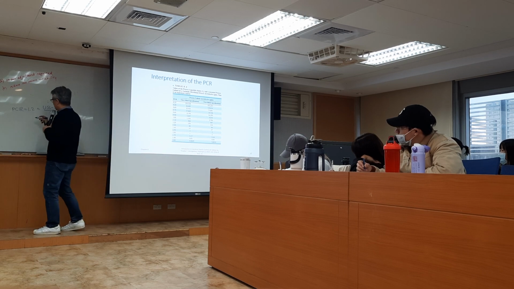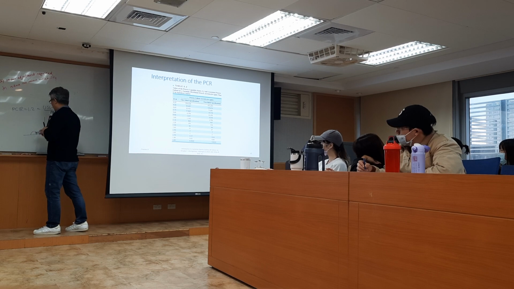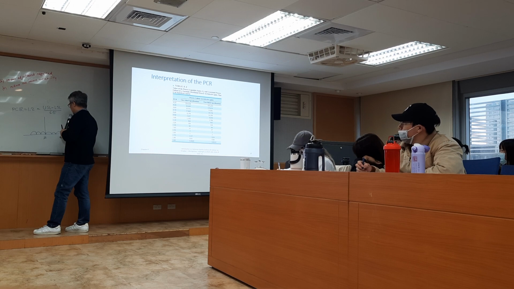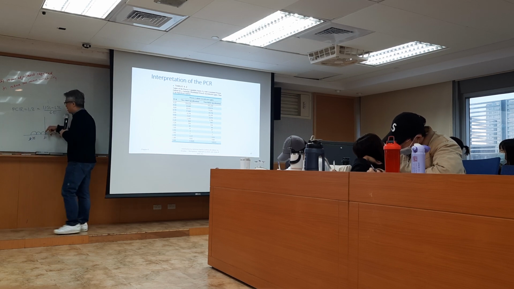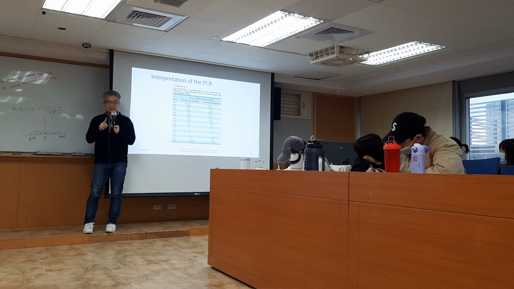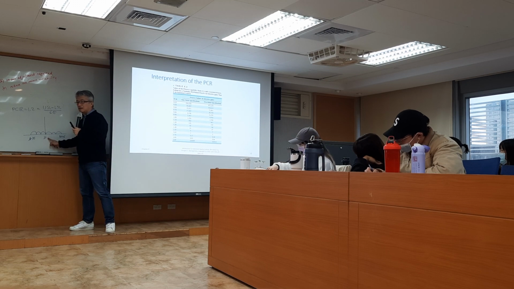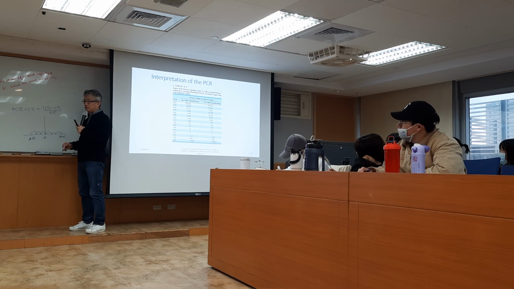So that is two sides: 1, 2, 3 and 1, 2, 3. This is mu, this is mu plus 3 standard deviations, this is mu minus 3 standard deviations. Now I'm asking, what is this? If the specification limits are centered on the process mean, then where should it be?